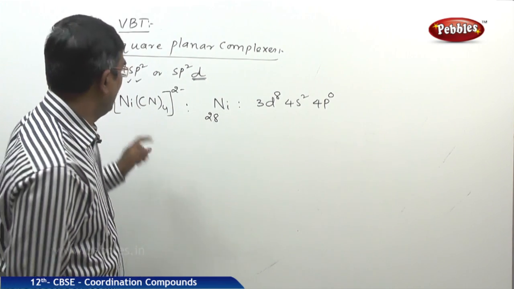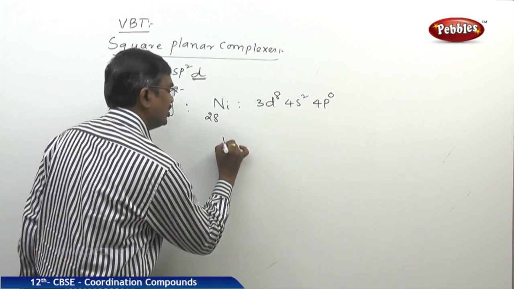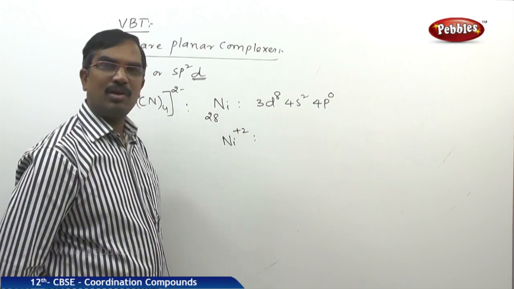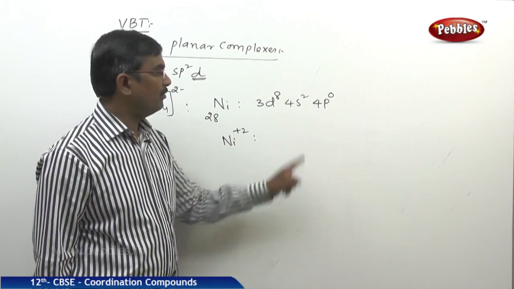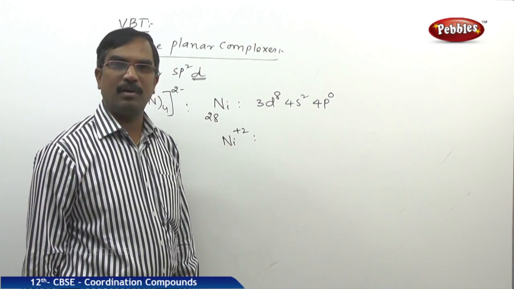As I told you, nickel is present in the +2 oxidation state. So nickel should lose 2 electrons from the valence shell, which is the 4s orbital.